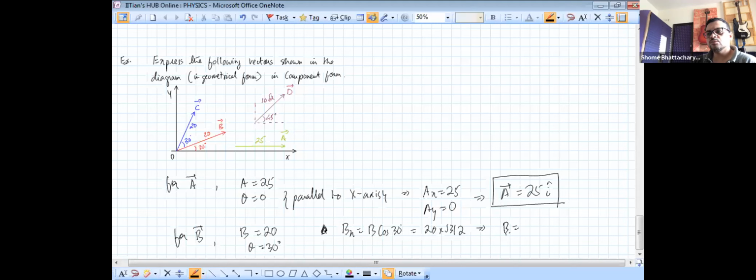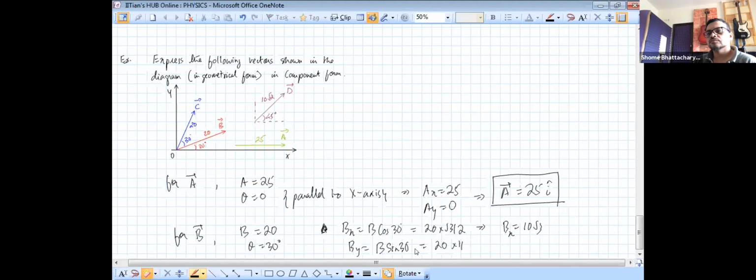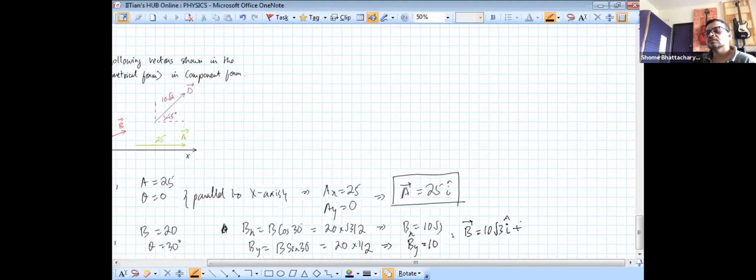So B's x component will be 10 root 3. And similarly, B's y component will be 10. So the vector B will be expressed as 10 root 3 i cap plus 10 j.